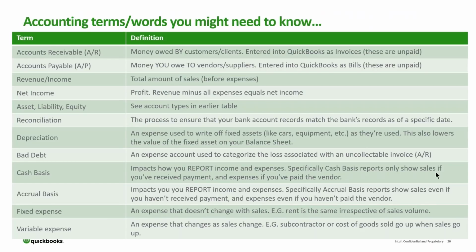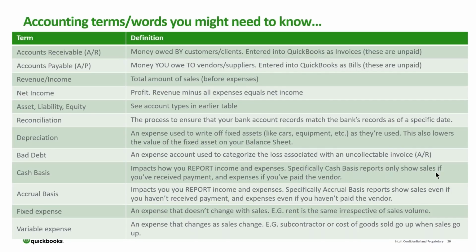Accounts payable is the amount of money you owe to your vendors. We've also got revenue and income. That's the amount of money that you've made from your sales. And we've also got net income. That's your profit. So income minus expenses. Assets, liabilities, and equity. These are all things that are on your balance sheet. We talked about that earlier. Depreciation. It's where you depreciate an asset over time so you can spread out those expenses over multiple years.